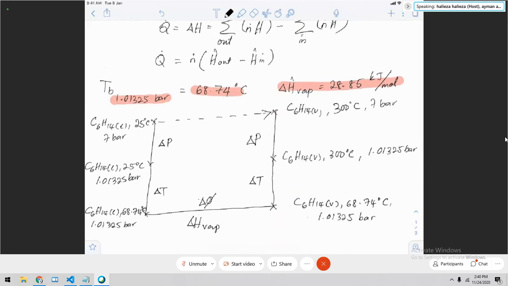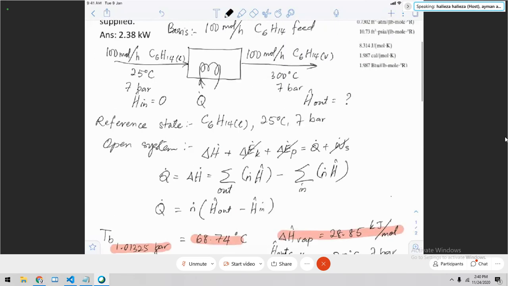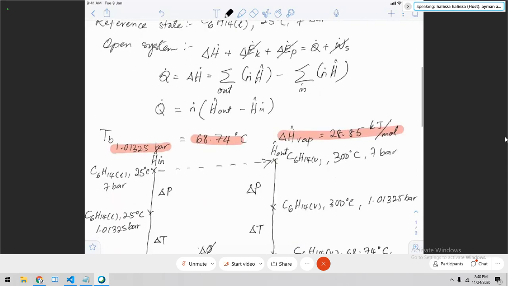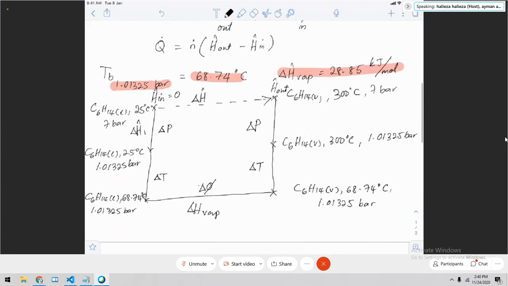So what actually you are doing, you are getting that outlet value. This is your inlet value. Your inlet value just now, you already specified as the reference state, so your inlet enthalpy will be 0. So the overall enthalpy will be the sum of the difference of enthalpy 1, the difference of enthalpy 2, the difference of enthalpy 3, which is equal to the latent heat of vaporization.